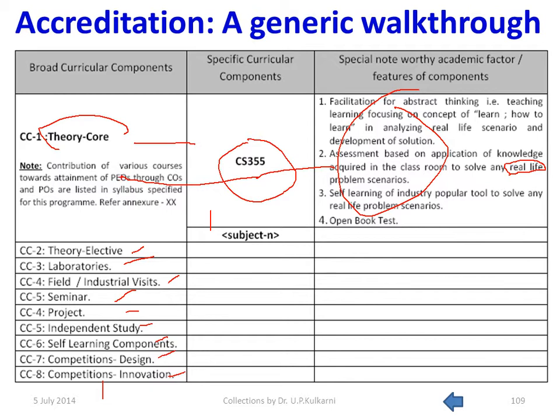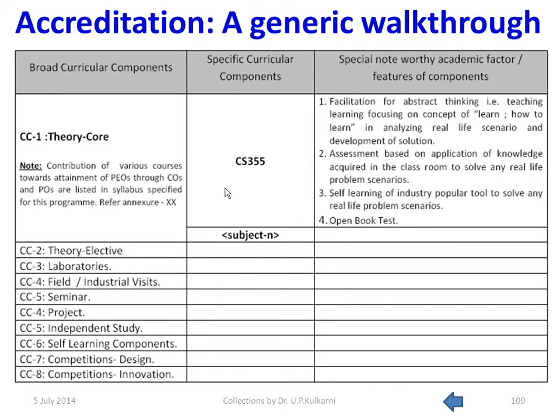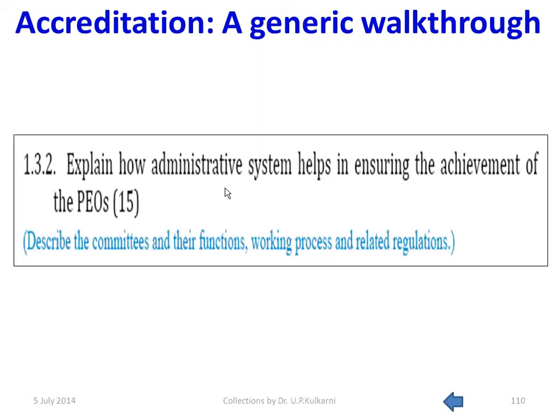I am just looking into how I prepare my students for program educational objectives. I go back here. Academic factors involved in the achievement of PEO. So like this, there are different curricular components contributing towards achievement of POs. I need to present it, right? So this is the one concept; the best one which suits your program, you do it.